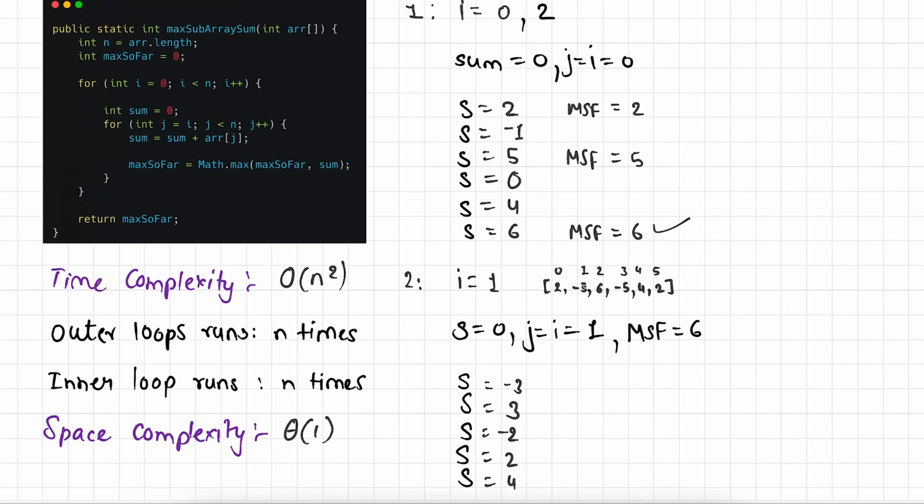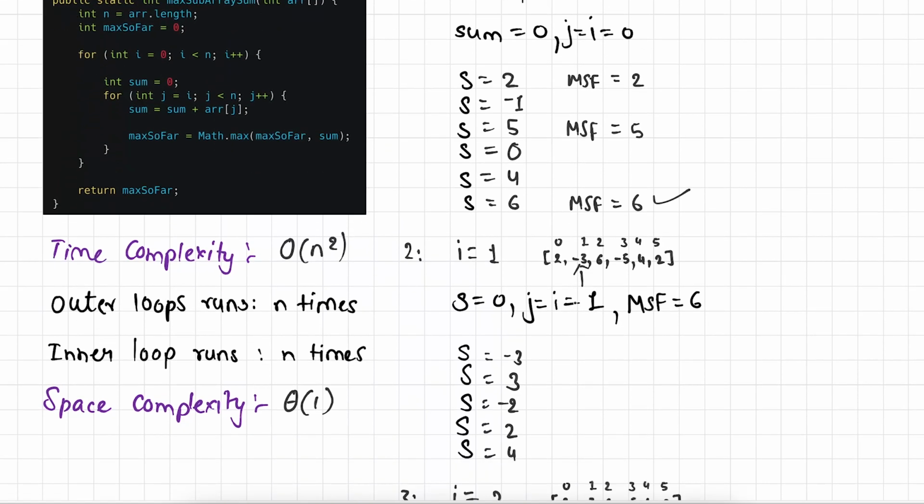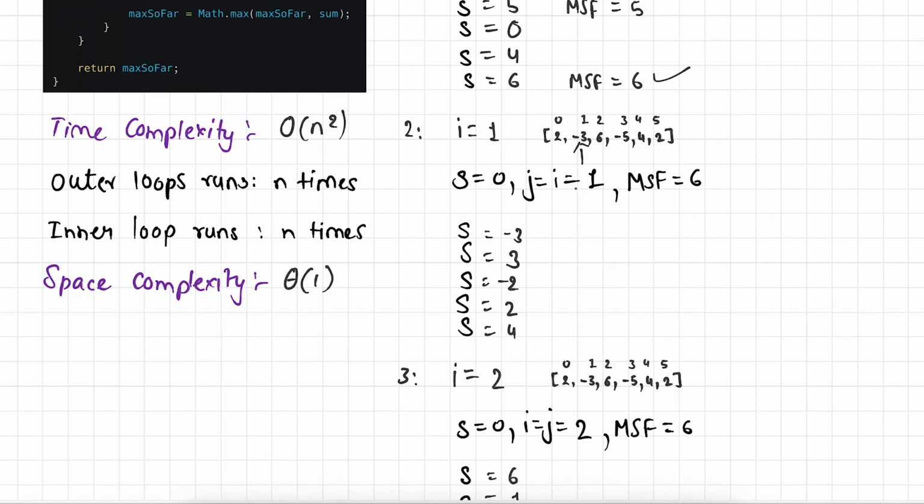This time the element we have to consider is -3. So now we have to find all the subarrays beginning with -3. So the value of j is 1 and the value of sum is 0. So 0 plus -3 is equal to -3, that is smaller than MSF. Then -3 plus 6, that is equal to 3, it is also smaller than maximum so far.